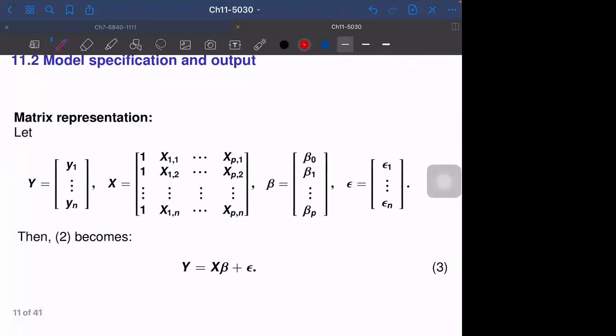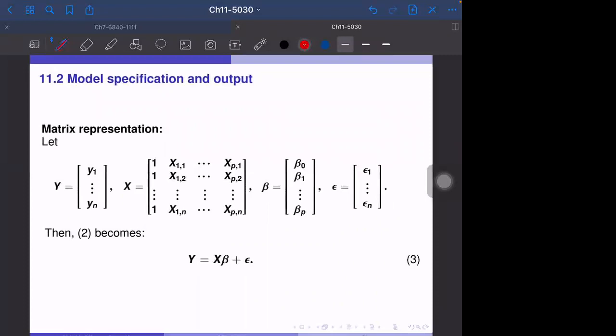This is the matrix representation. Remember that this is basically the same as the simple linear regression case. y is the vector of y values and X is the matrix of x values. For simple linear regression, we only have 2 columns, but here we have p+1 columns if we have p variables. Then beta becomes larger.